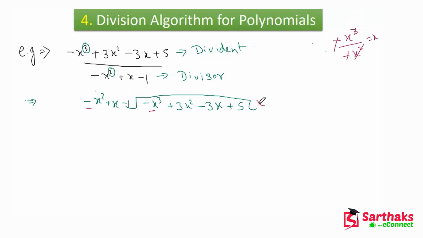Here is x. Now we have to multiply this x by the divisor. If we multiply x by minus x square plus x minus 1, we get minus x cube plus x square minus x.